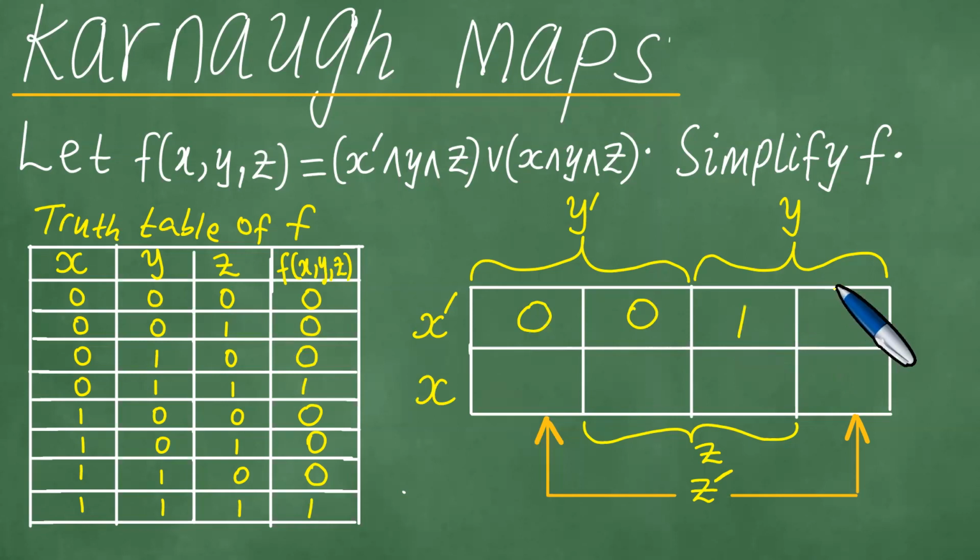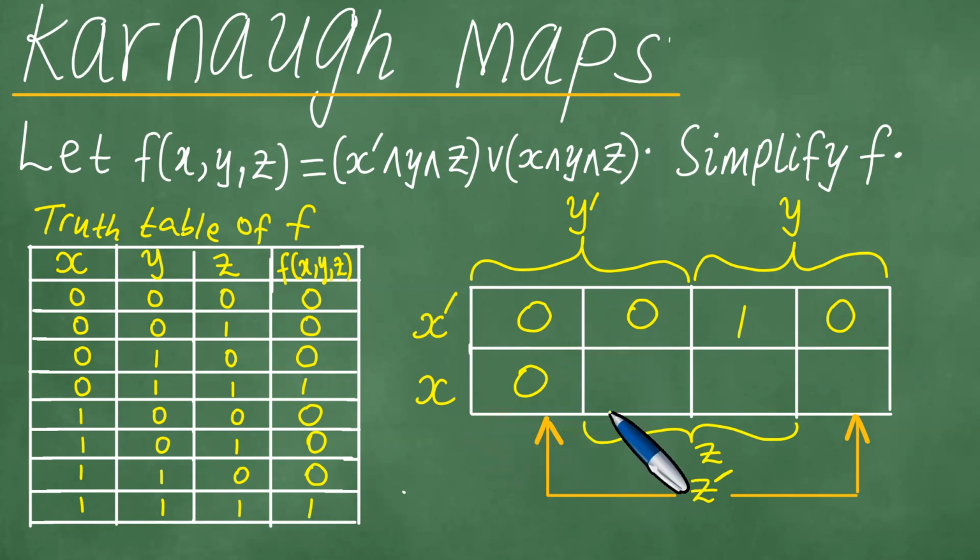We have not X, Y, and not Z, so it's 0, 1, 0. It's a 0 here. Next, you come to this one, which is 1, 0, 0. 1, 0, 0 is a 0.